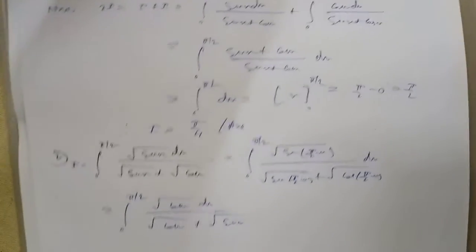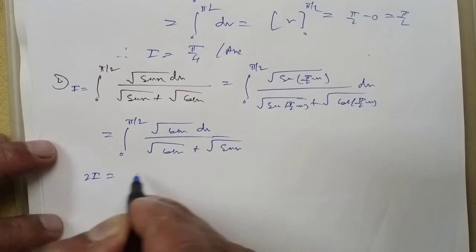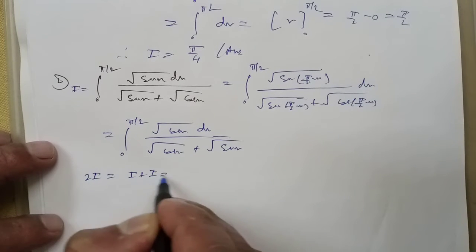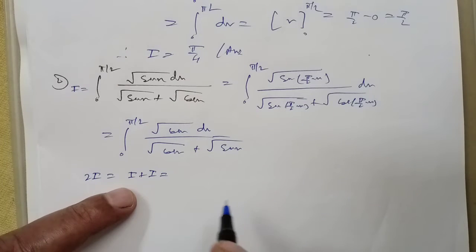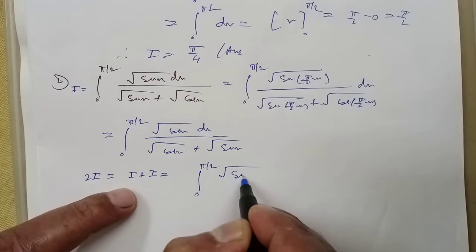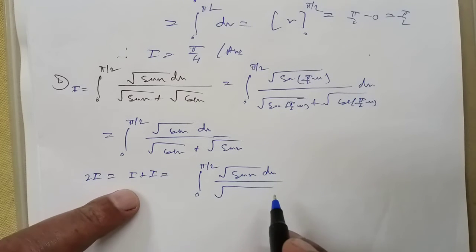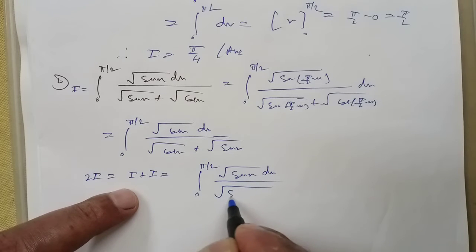Now like the previous one, we write 2I is equals to I plus I. In place of first I, write the given integral, that is integral 0 to pi by 2 root over of sin x dx by root over of sin x plus root over of cos x.